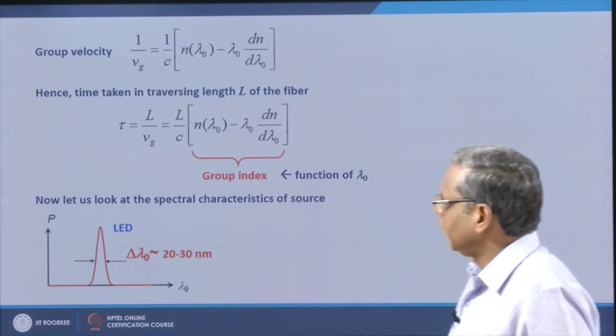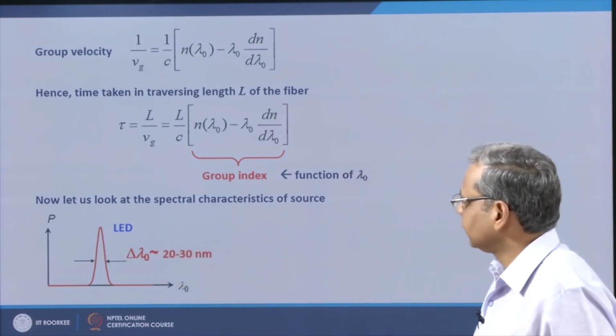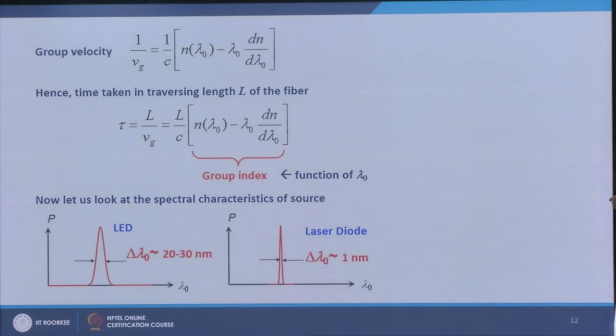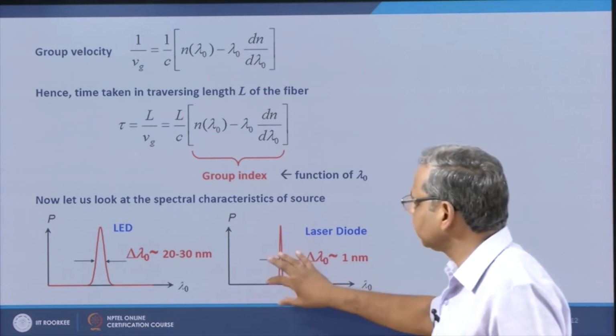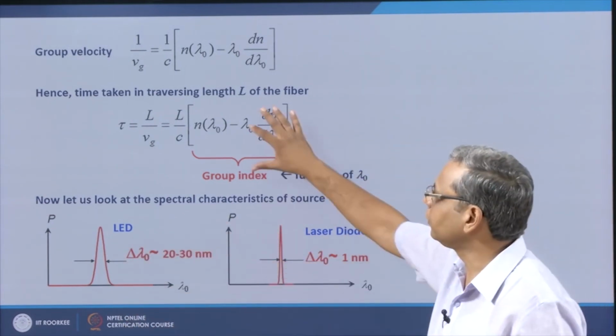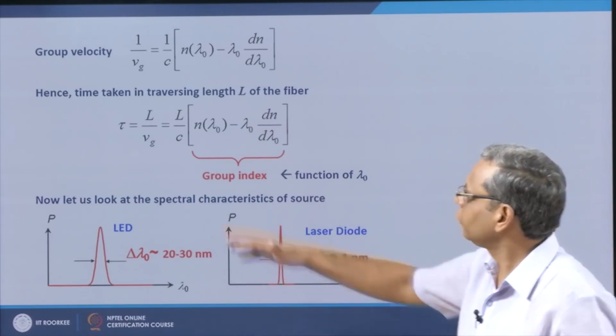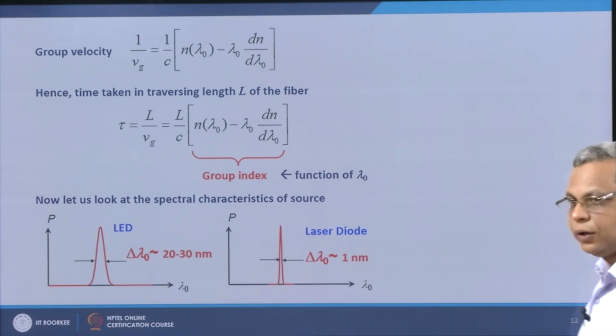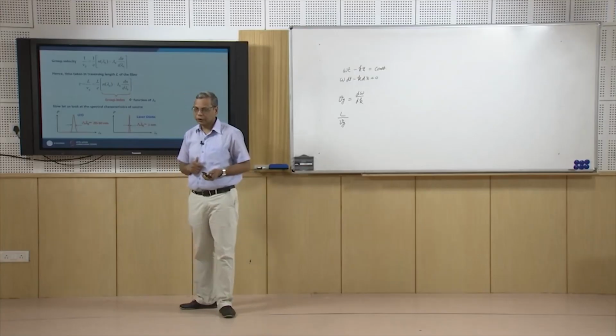If I take the LED, then this is the line width, and if I take a laser diode, this is the line width, and all the wavelength components which fall into these line widths would contribute here. They have different transit times. What would be the implication of this on the broadening?